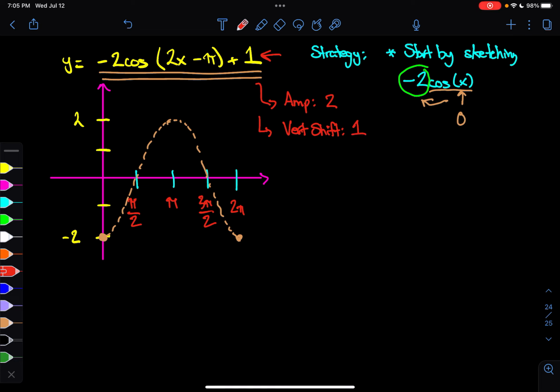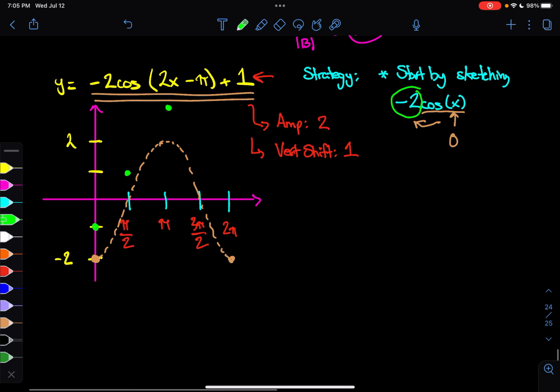So if I account for this vertical shift of 1, I already know that my new graph is going to start here. And it's going to have some different points of intersection, right? All these points get shifted up 1. Kind of something like this, right?